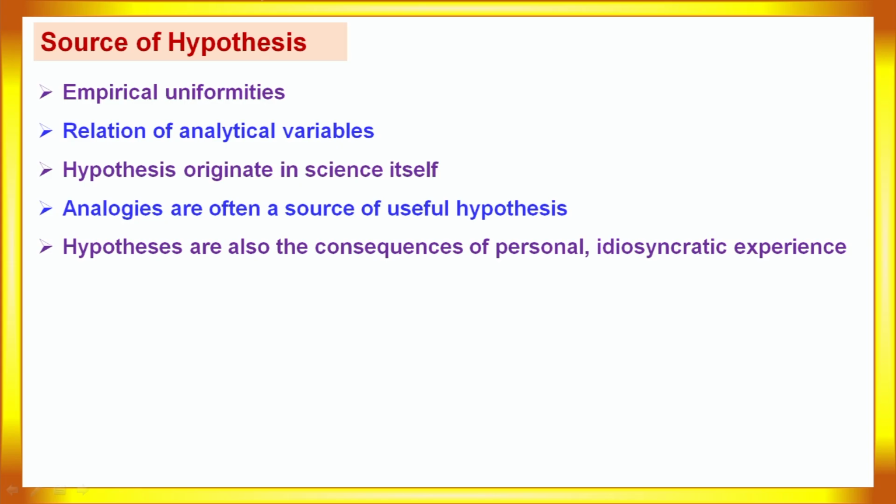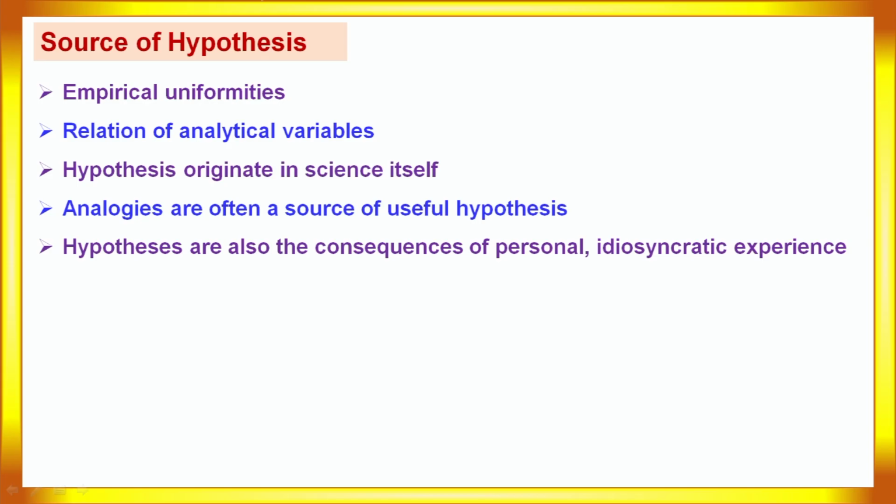These are empirical uniformities, like higher socioeconomic status people generally have a lesser fertility rate. This is a general observation, or that bad parents produce bad children. This is a common sense idea, or folk knowledge, based on your everyday observation. These empirical uniformities may act as a source of hypothesis building.